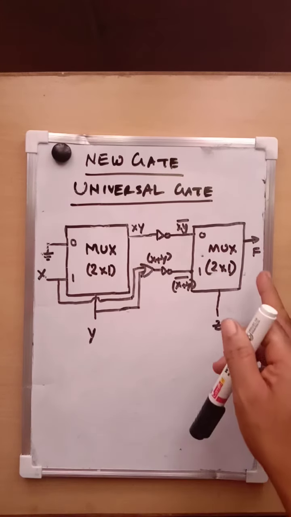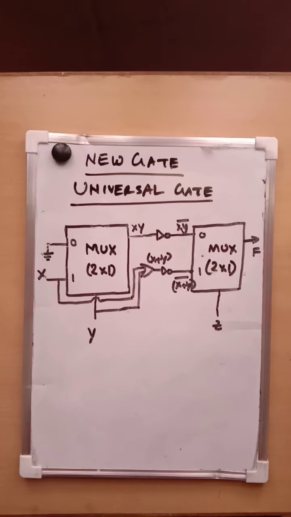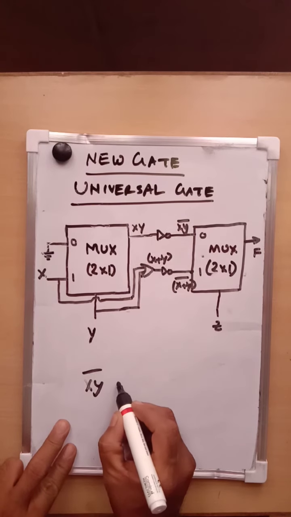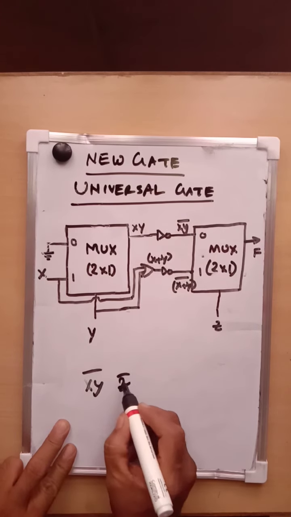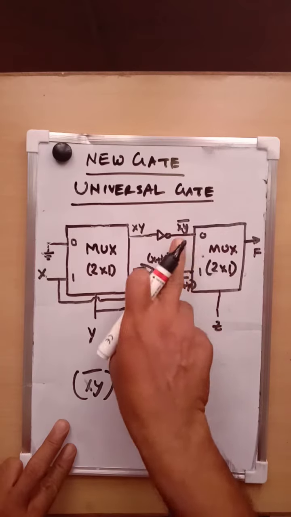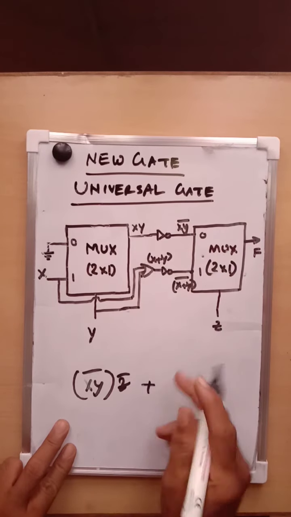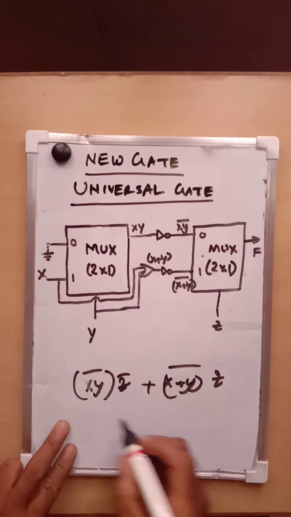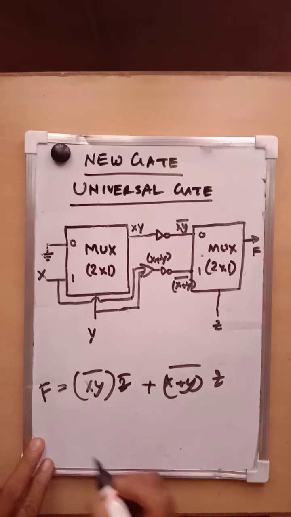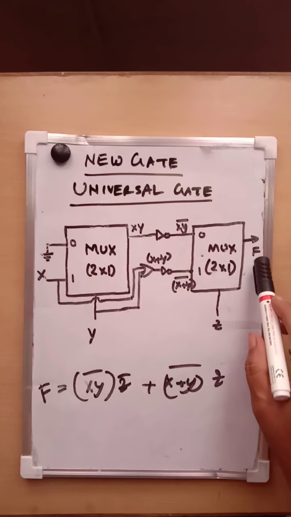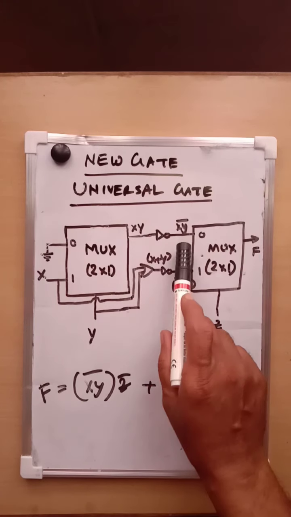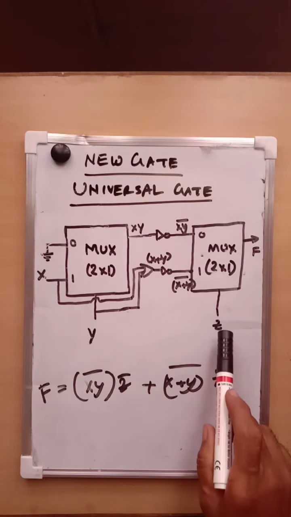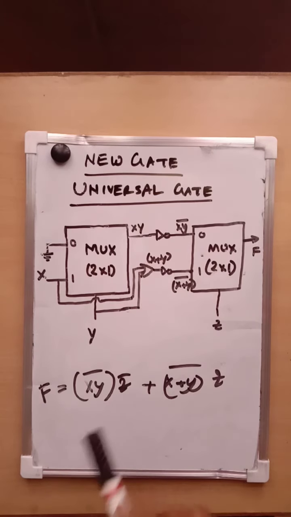Now let us see what will be F. The final F is equal to, because XY bar is one input, it connects to the output only when Z becomes 0, that's why Z bar.